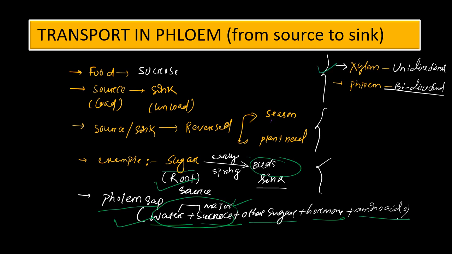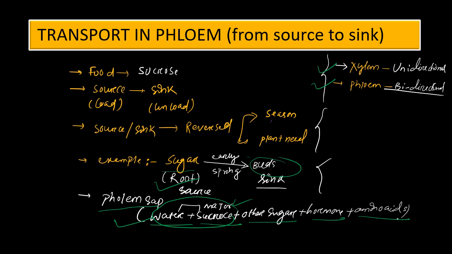Another most important concept: xylem shows unidirectional movement and phloem shows bidirectional movement. So what is unidirectional? Once water enters the root, it reaches one point after another up to the peak of the leaf.